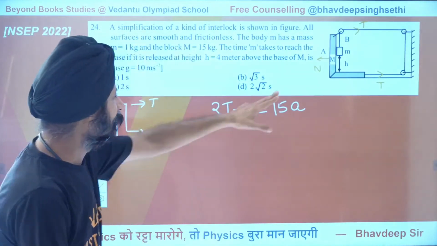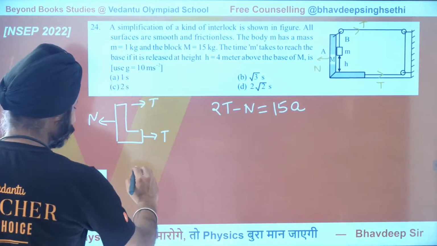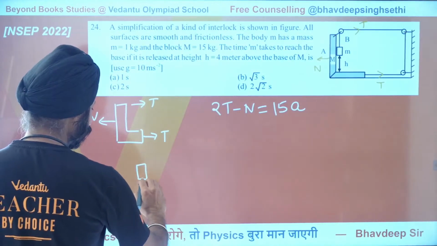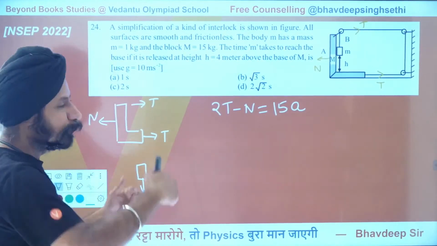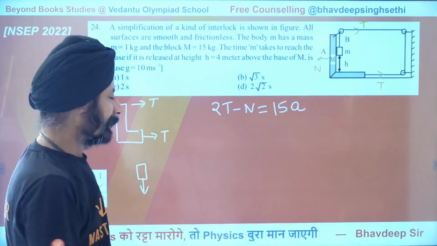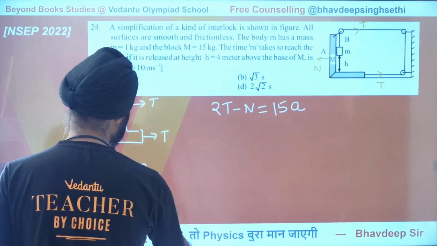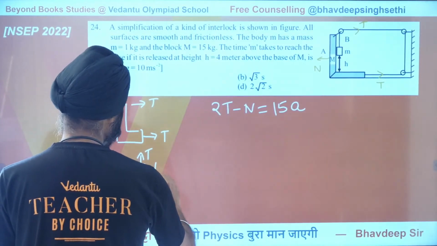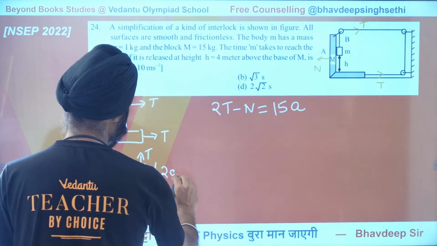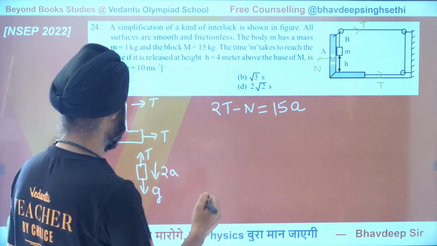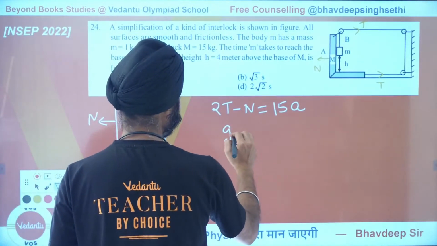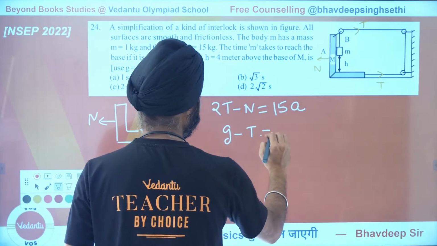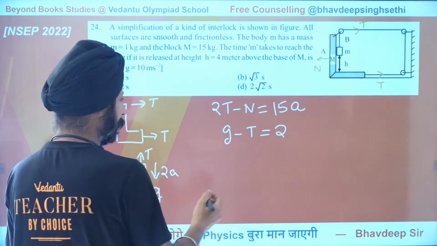So let's go for this block here. This block in the vertical direction has a force of mg. M is 1, so I can simply write g there, and then there is a tension force going up. But note, it is going down with 2a downwards. So I can say g minus T is 2a times the mass.